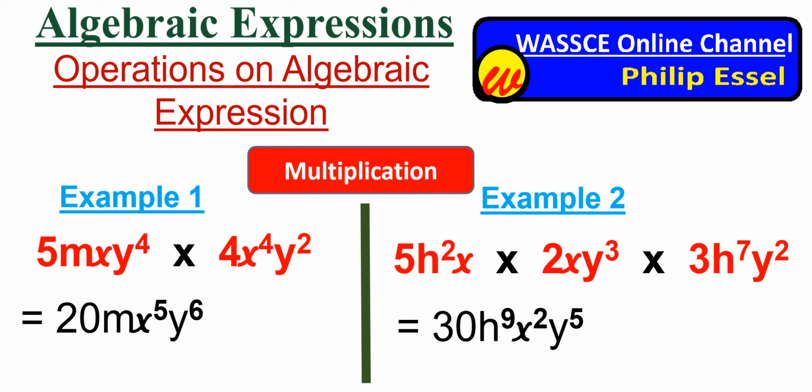The next level, we don't have any x, so we have x exponent 1 times x exponent 1. That will give us x exponent 2. So we move on to the next. We have now y exponent 3 times another y exponent 2. That will give us y exponent 5. As simple as that.